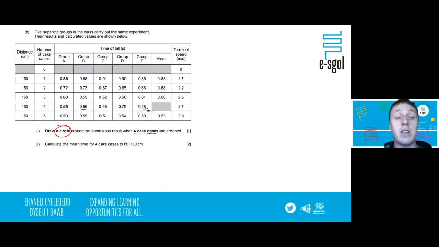Hopefully from identifying this, you will see that 0.75 does not fit that trend and should be an easy selection. The one thing you want to avoid is not reading the question fully and attempting to read the incorrect row.